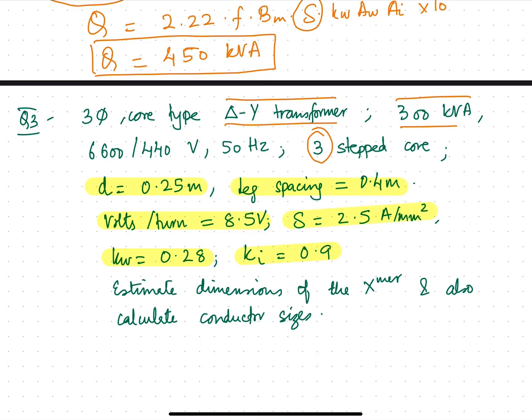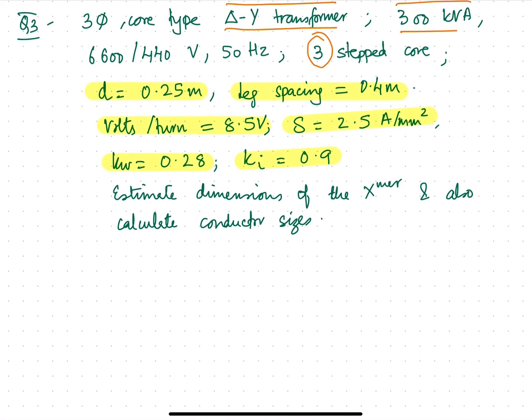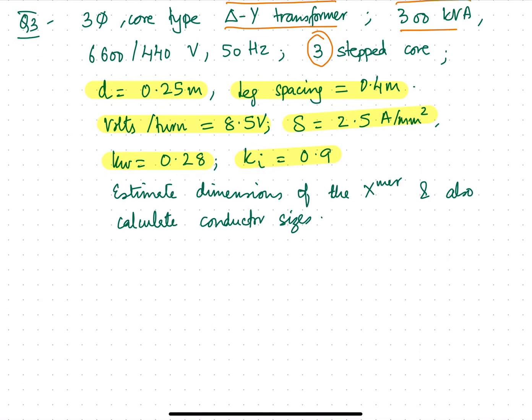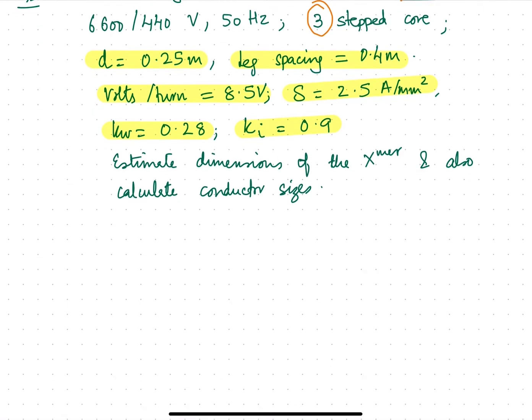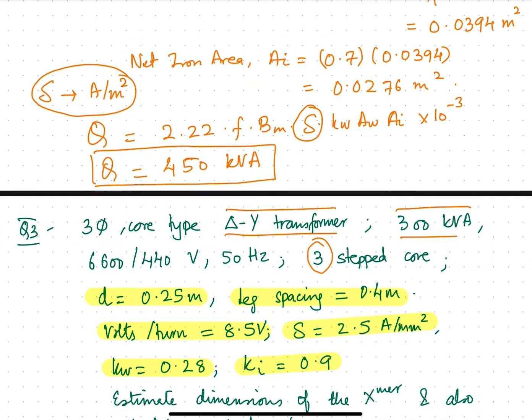What you have to do, you have to estimate the dimensions of the transformer, and you have to also calculate the sizes of the conductors, as in the area of the conductors that have to be used. Okay, so let's start. We know that this is a delta Y transformer, so delta corresponds to 6600 volts and Y corresponds to 440 volts.